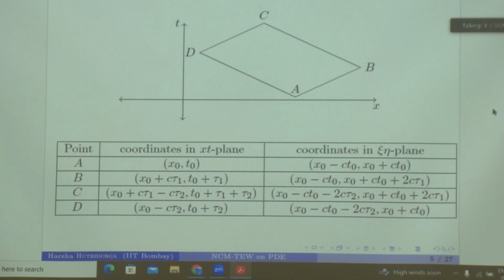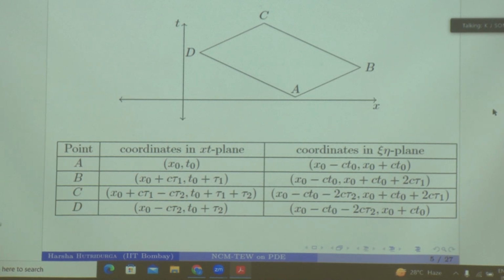So here, if I got slope c, it will be x naught plus c tau 1. See, I have gone by that much amount, x naught plus c tau 1, and then I have added t naught plus tau 1 here. So that's what goes here. So this is B. Okay.